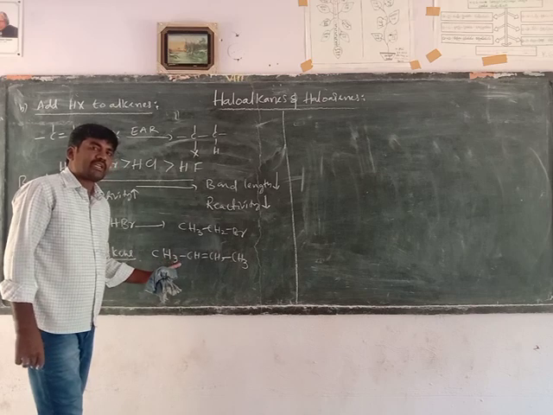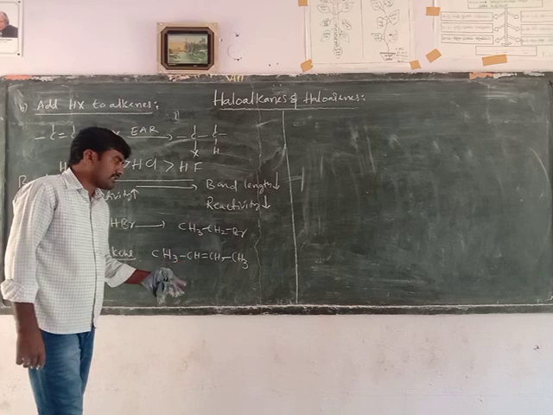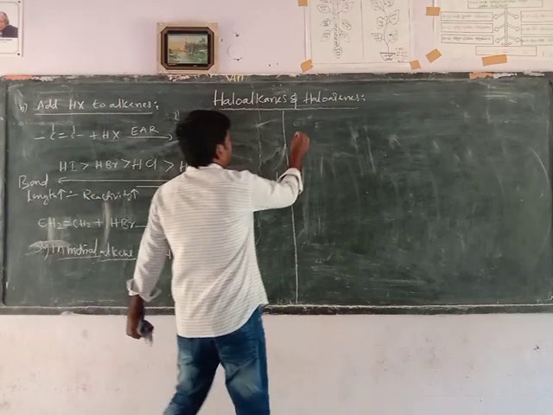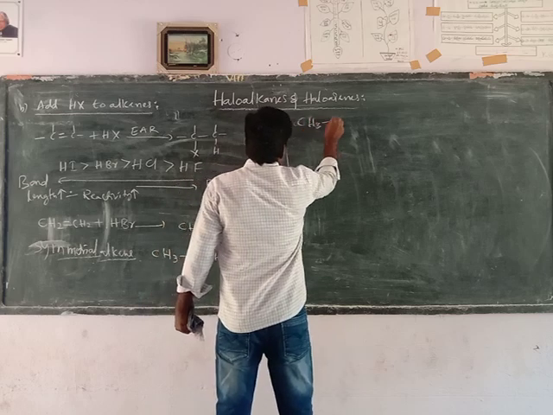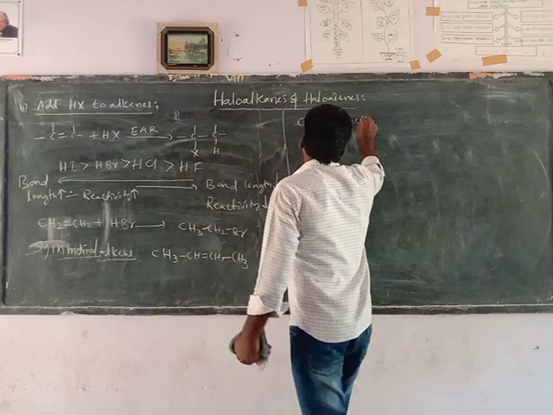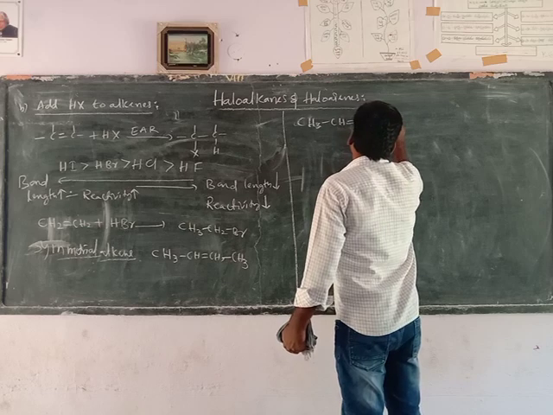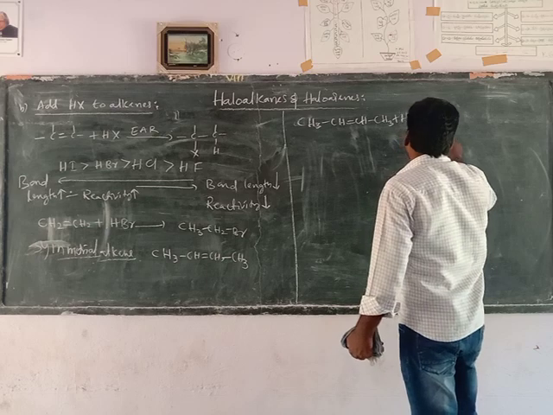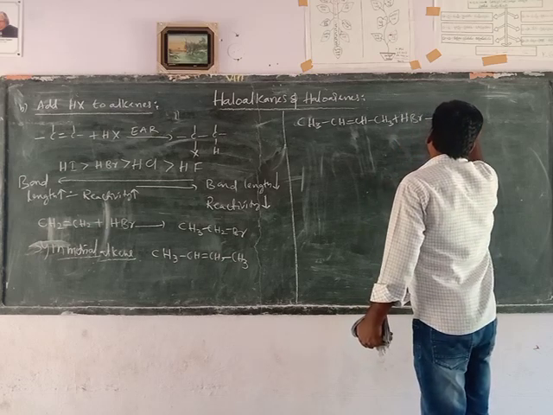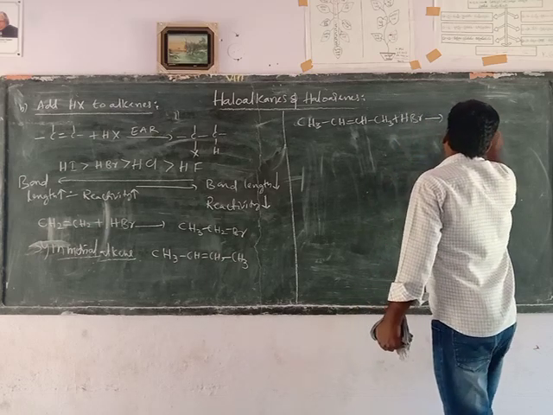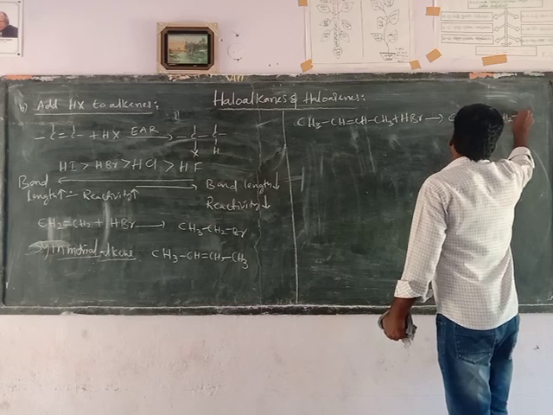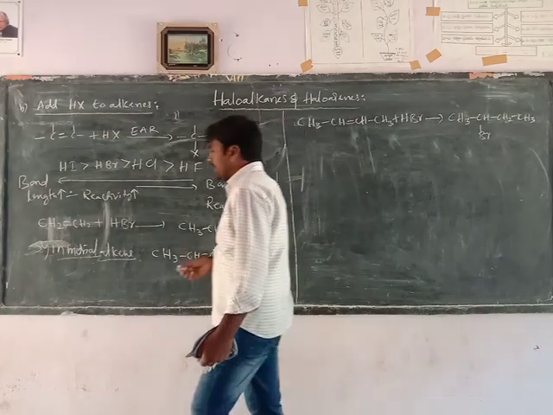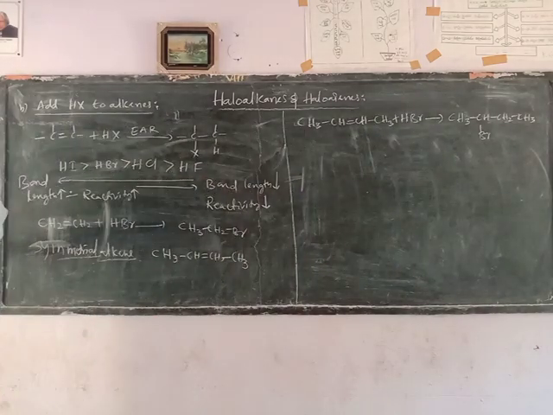In the case of a symmetrical alkene, when hydrogen halides react with the alkene, a single product only is formed. For example, 2-butene, a symmetrical alkene, reacts with hydrogen bromide to form a single product, 2-bromobutane.